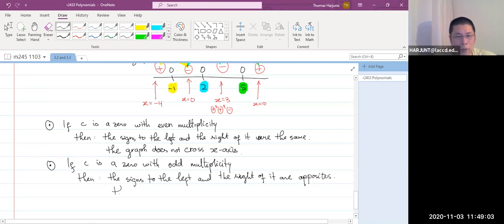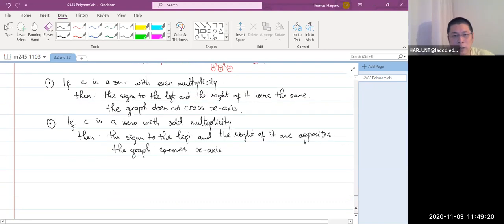And the graph crosses the x-axis. In fact, we can say more in both cases that the graph will touch.